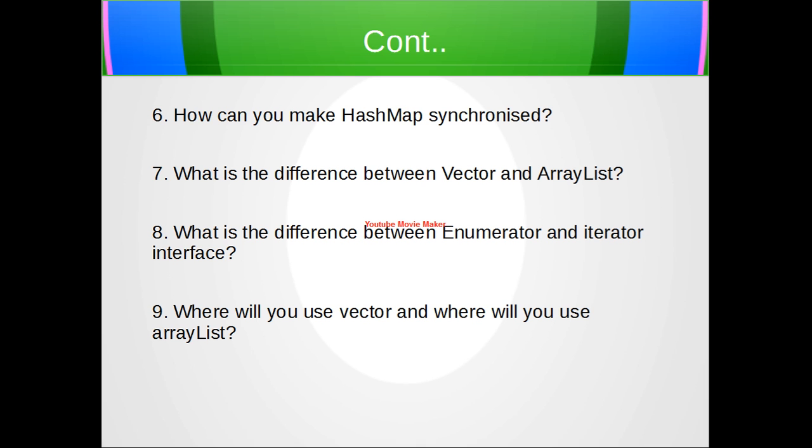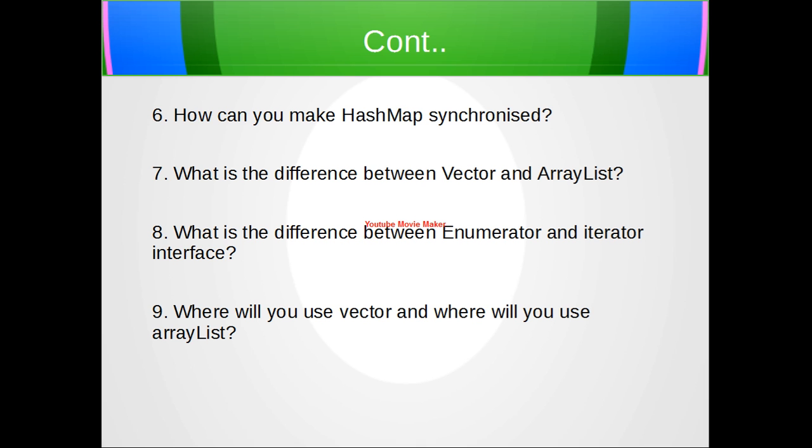ArrayList has no default size, while Vector has a default size of 10, I guess. The enumerations returned by Vector's elements method are not fail-fast, whereas ArrayList doesn't have any method returning enumerations. So this is the difference between Vector and ArrayList.